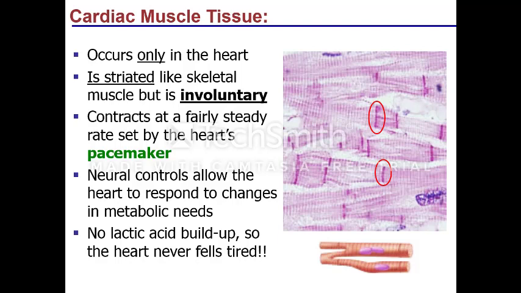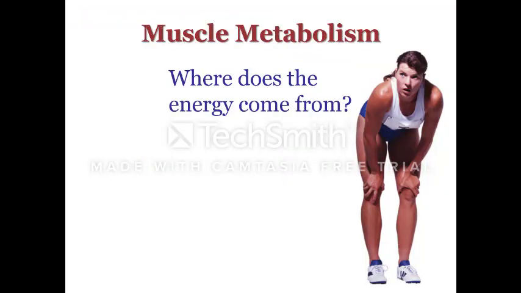We'll talk more about metabolism, and you should review the different types of metabolism involved with muscle contraction. This is a high energy tissue. And then we will start next.